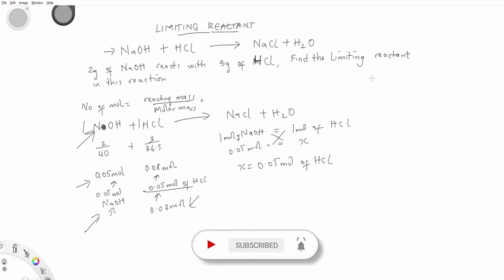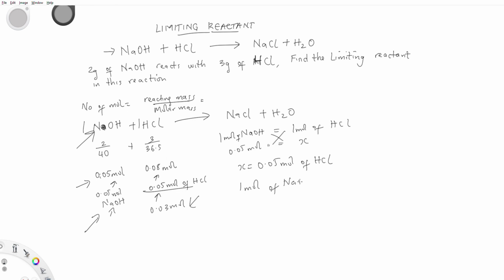And you might be wondering, what if you picked hydrochloric acid instead of sodium hydroxide in the first place? Let's try it out. 1 mole of sodium hydroxide reacts with 1 mole of HCl. Now how many moles of sodium hydroxide will react with 0.08 mole of hydrochloric acid?